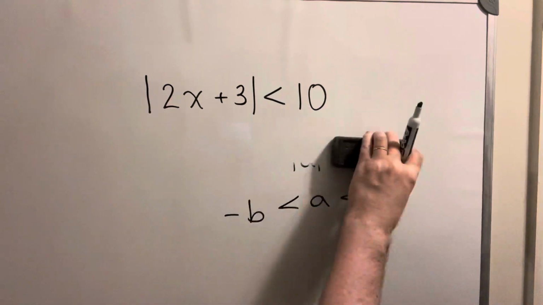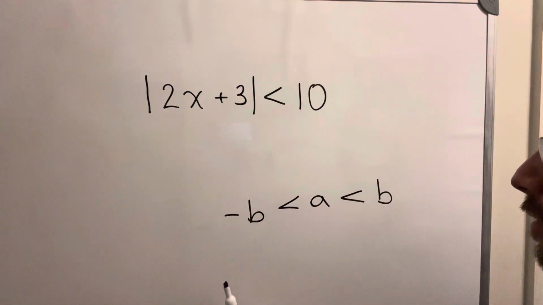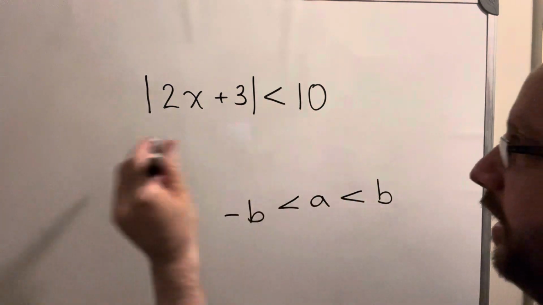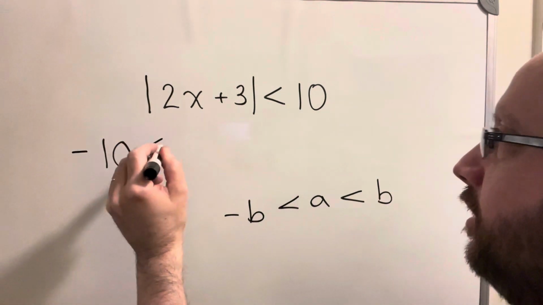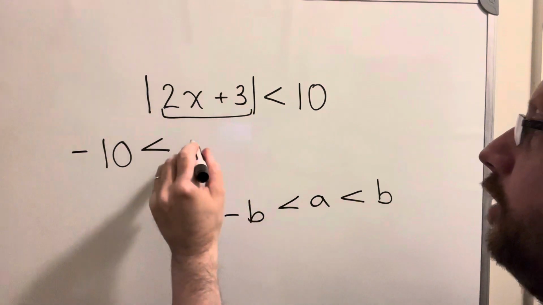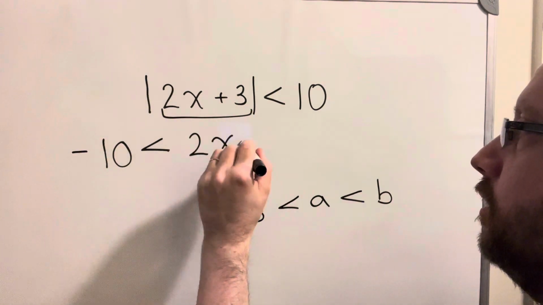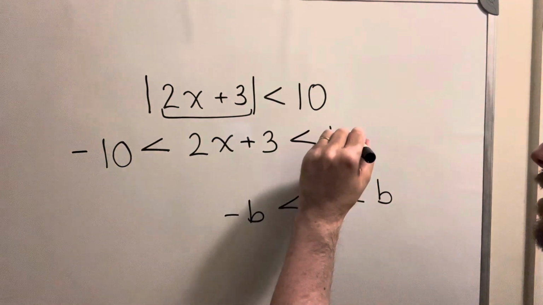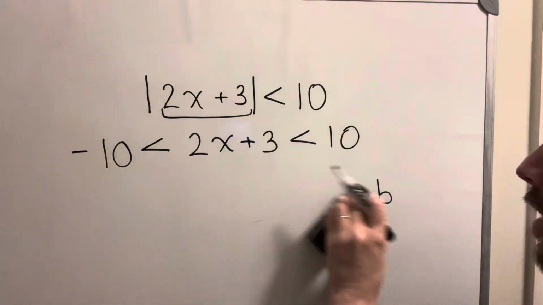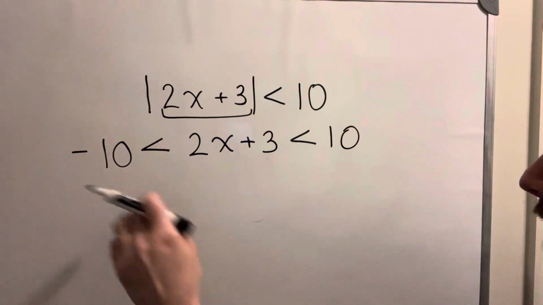So using this, we're going to take this 10 and say negative 10 is less than 2x plus 3, which is less than 10. So now we have this.